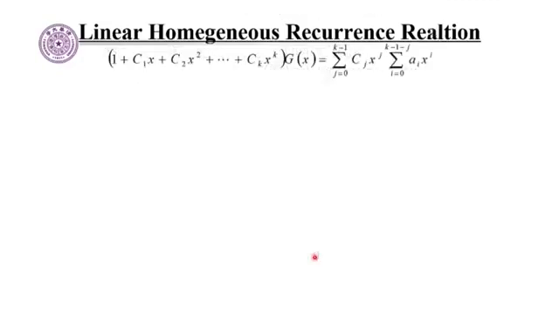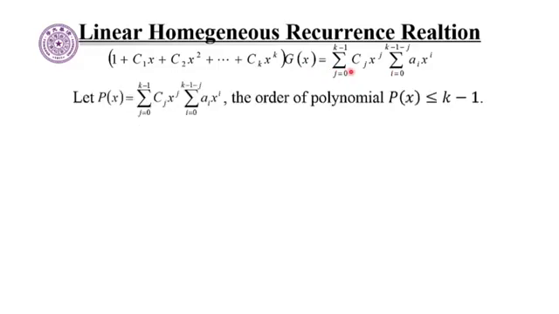With this formula, we could get the expression of g(x). Let's see, g(x) times (1 plus c1 x plus c2 x squared until c_k x to the kth power) would be equal to the product of all constants and the terms irrelevant to g(x) on the right-hand side. With this equation, actually there is a new expression for g(x).